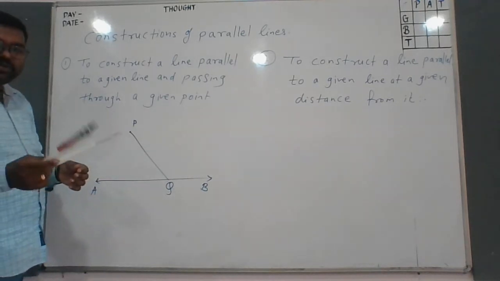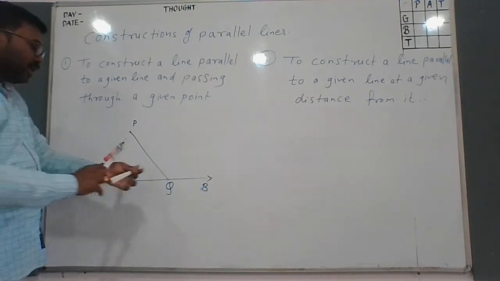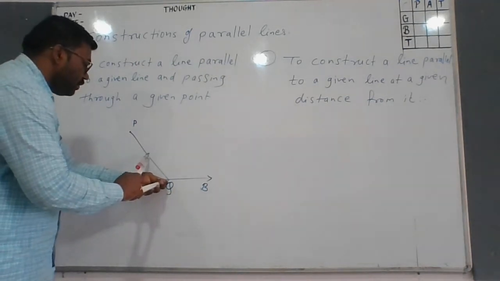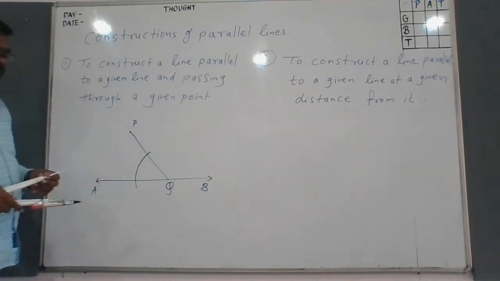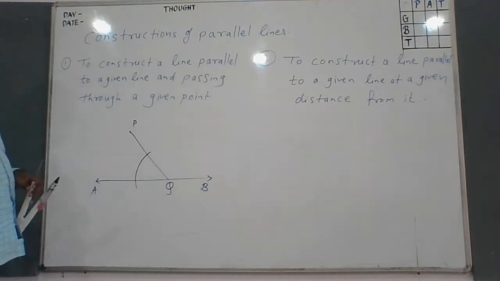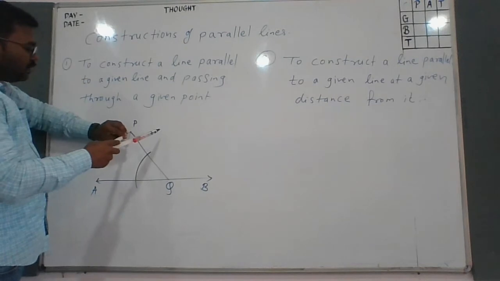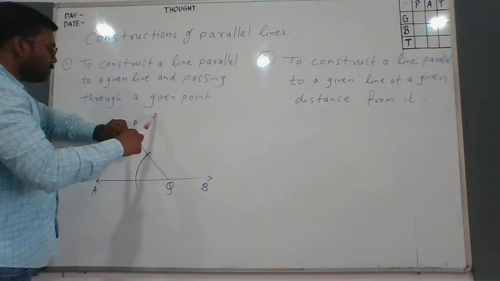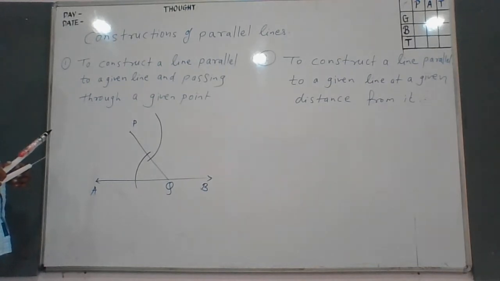Now what we have to do, take any radius in your compass, take the point Q and construct one arc like this. Okay, this is the first arc that we have constructed from the point Q. Similarly, from the point P, with the same radius, we will construct another arc. Got it?